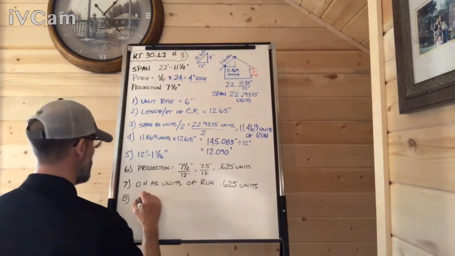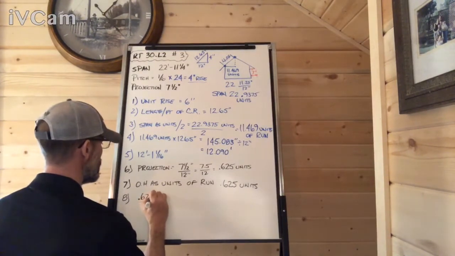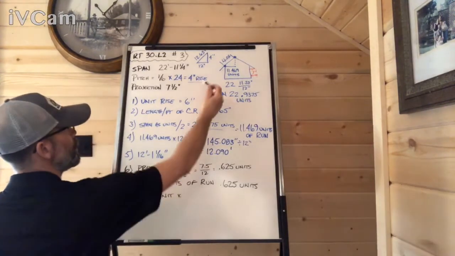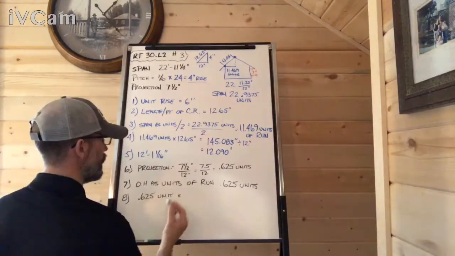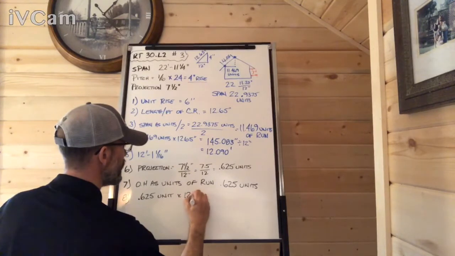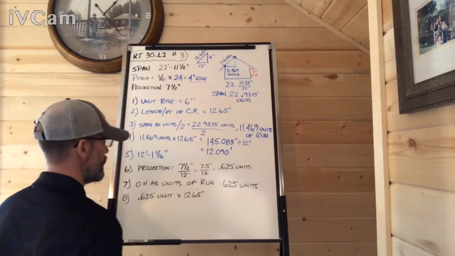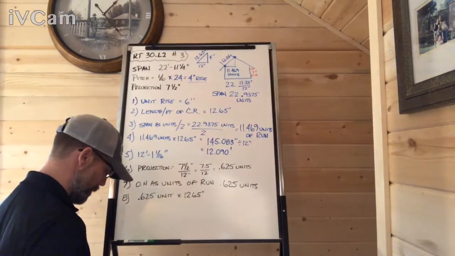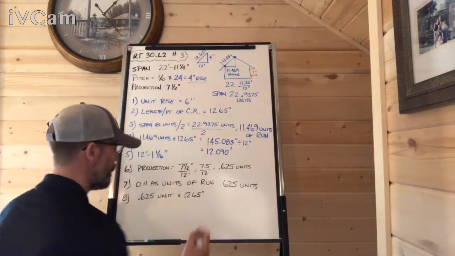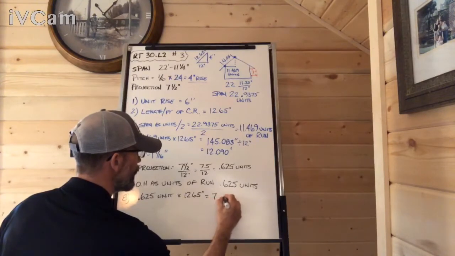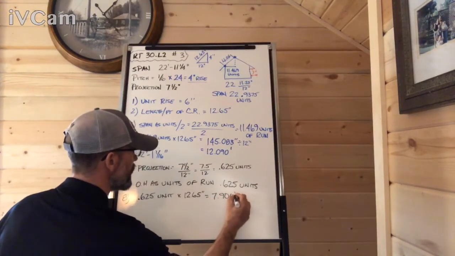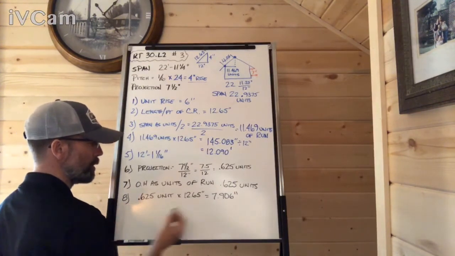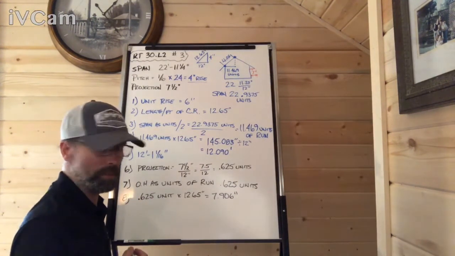We take 0.625 units times my unit line length of 12.65 inches, which tells me I'm going to be less than 12.65. When I punch that into my calculator, I get 7.906 inches. We're in inches here and just number of units, so I know my answer is in inches.